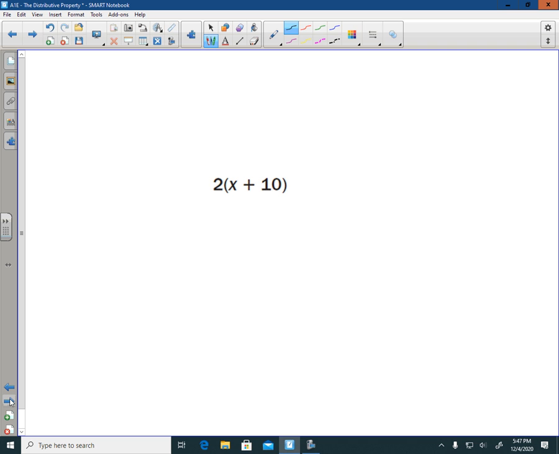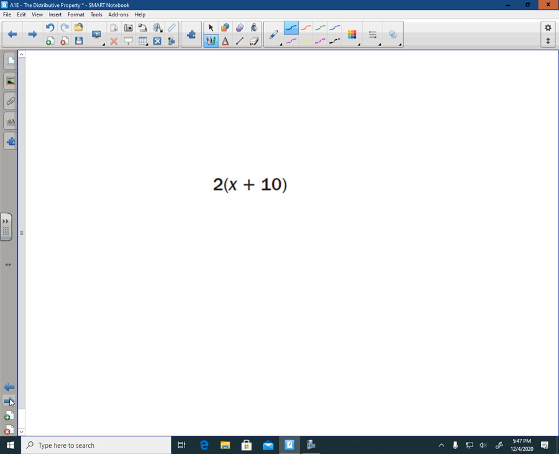So here we have one that says 2 times x plus 10, or 2 times the group x plus 10, or 2 times the quantity x plus 10. We want to simplify, and when we're simplifying, we're trying to get rid of the parentheses, but we can't do anything inside the parentheses because x plus 10 doesn't make any sense. You can't combine anything.